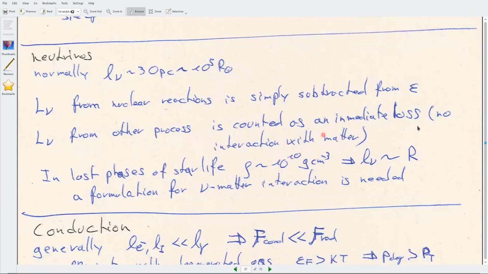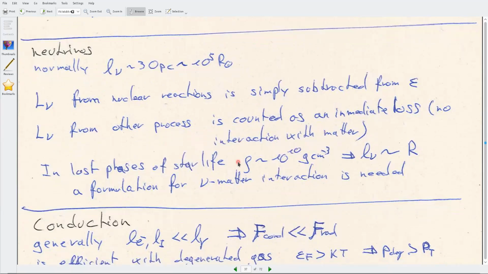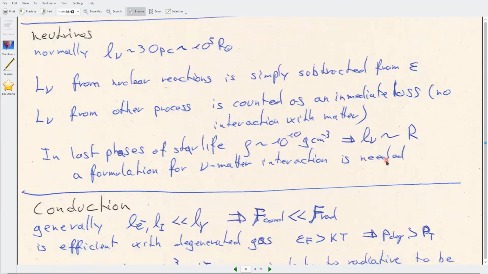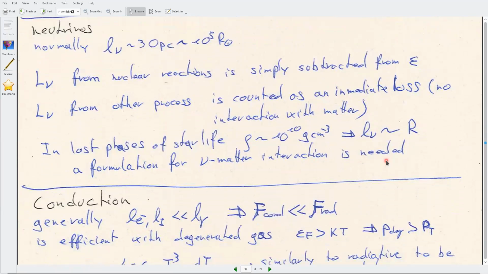The other processes are counted as a luminosity loss and energy loss. There is no interaction. In the massive phases, when you have a really high density part, you can have interaction, so you need to consider also this interaction.